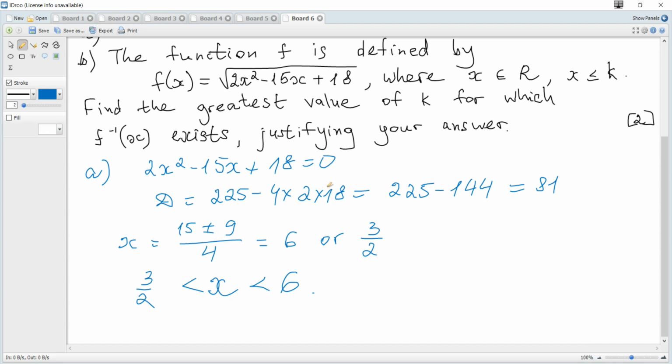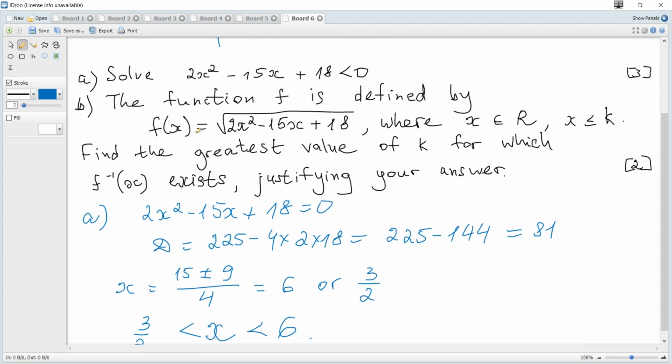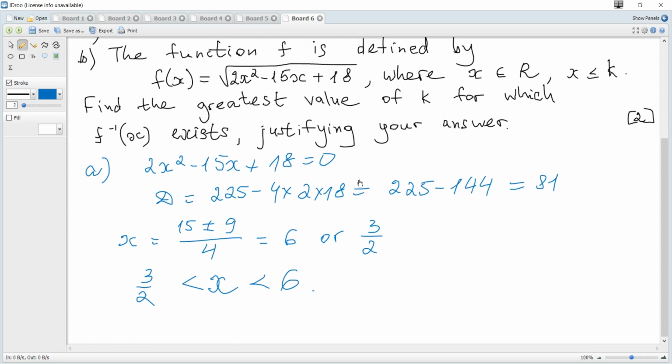The next part, b. The function f is defined by f of x is the square root of this expression, but you can see that it's absolutely the same. Find the greatest value of k for which the inverse exists, justifying your answer.